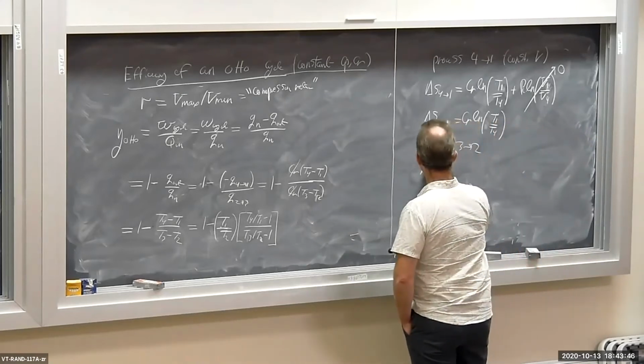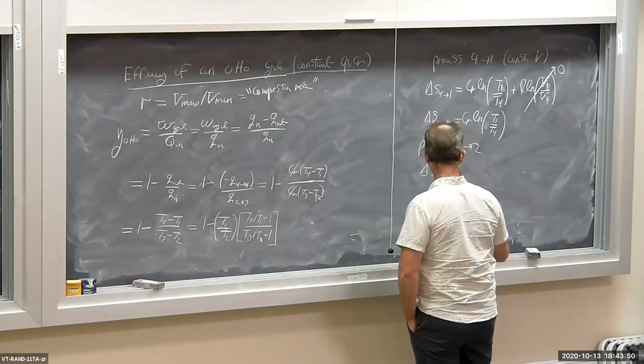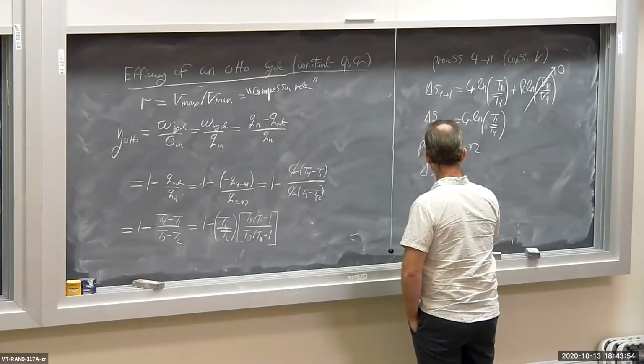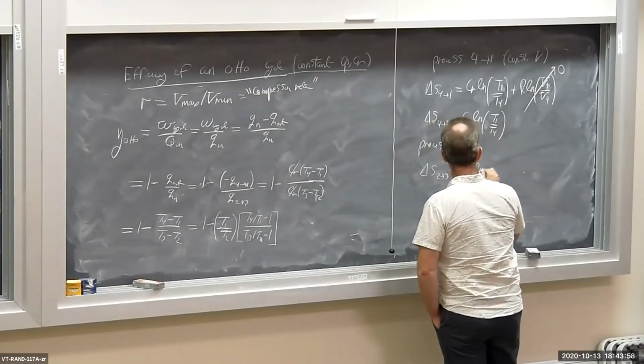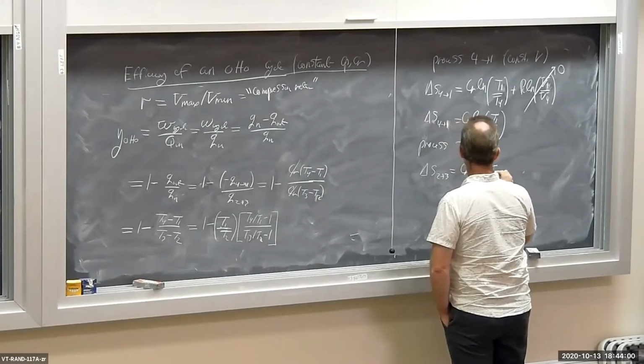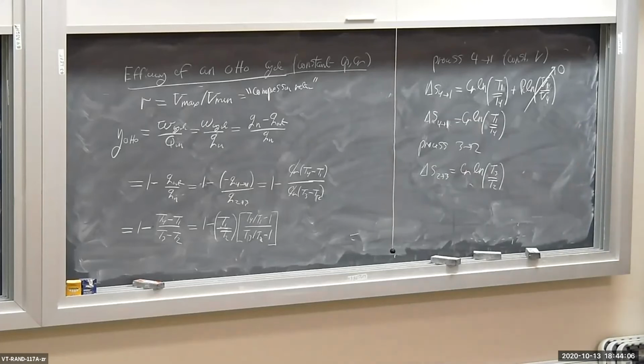You get delta S from 2 to 3 is equal to CV ln T3 over T2.